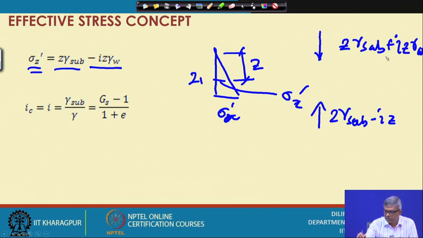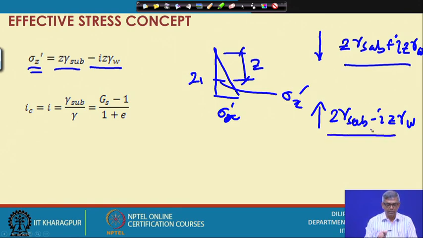So, that was plus, and now my I Z into gamma W. It is everything similar, only you have to remember that when flow is in the downward direction, it will be adding, and when flow is in the upward direction, it is decreasing. So, minus.